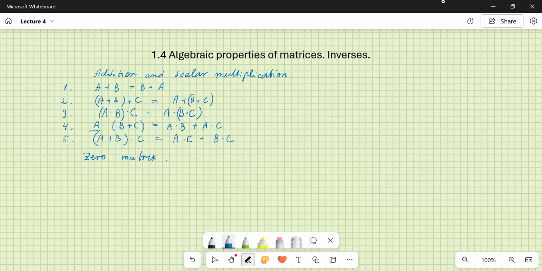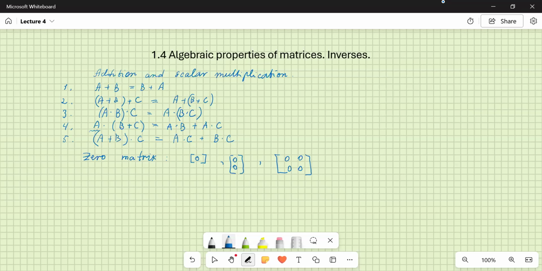For example, just one number 0. This is a matrix of size 1 by 1, and it has only one 0 entry. It can also be a matrix, for example, 2 by 1 and have two 0 entries. Or it can be a 2 by 2 matrix which has all zeros. The key point here is that all entries of the matrix are supposed to be 0. And the matrix can have a different shape.